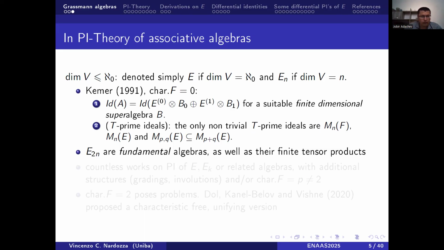Why is it so important? Mainly because of the deep results of Kemer in PI theory, when the field has characteristic 0. Here I recall just two of the results of Kemer.